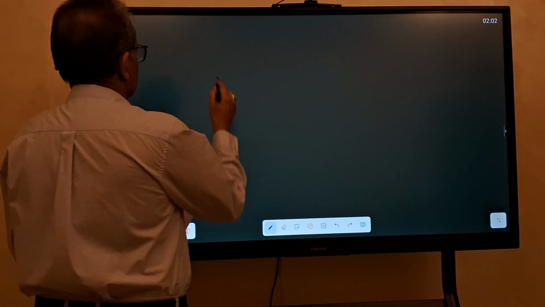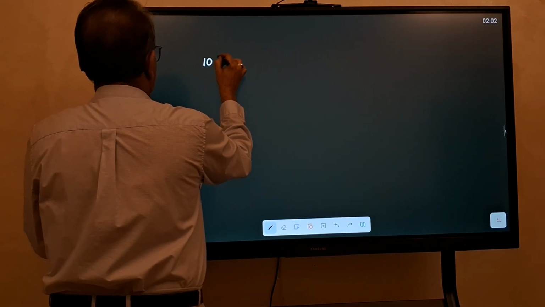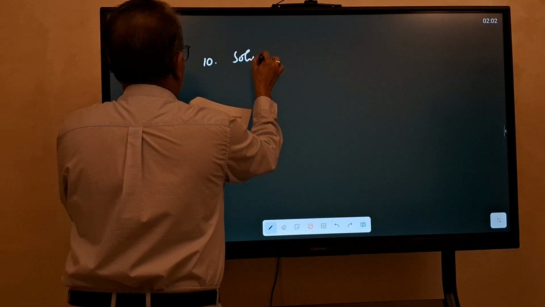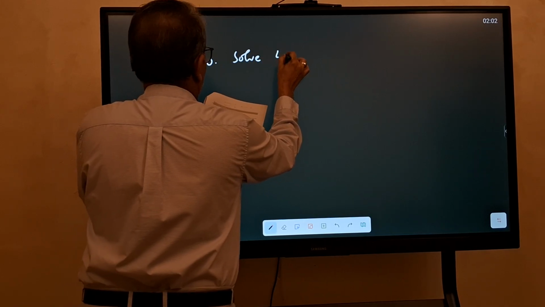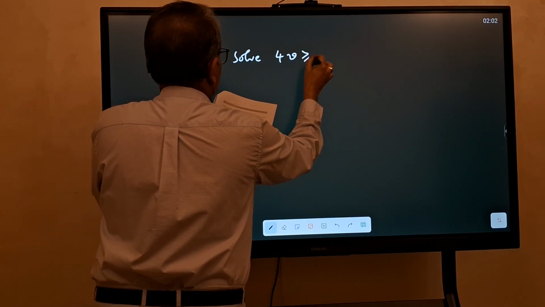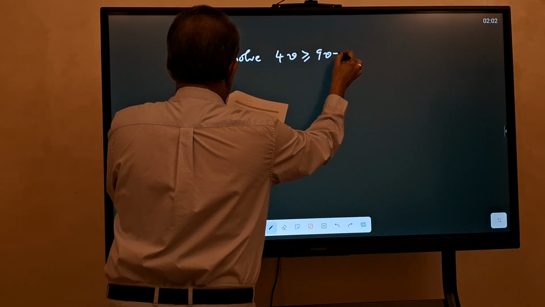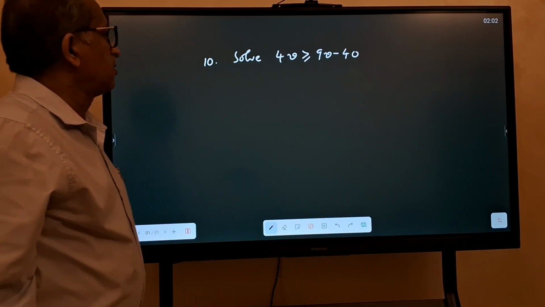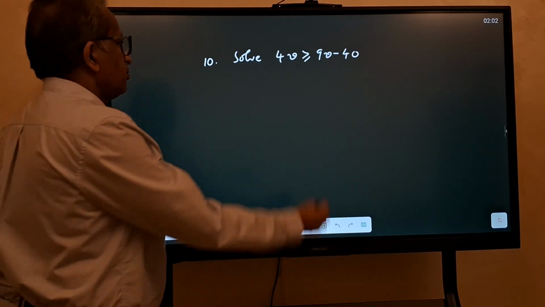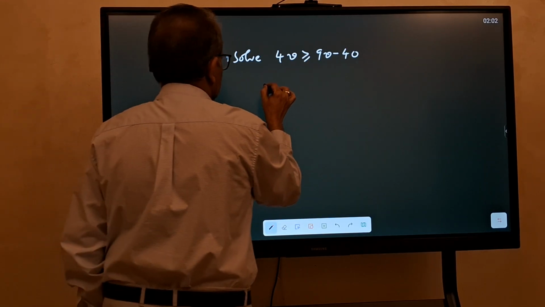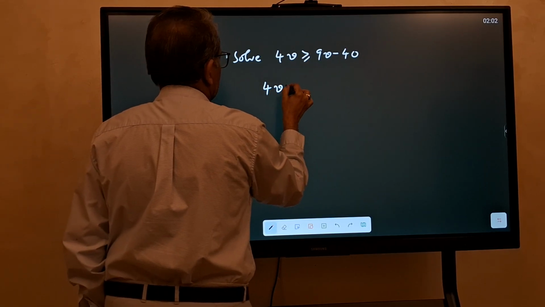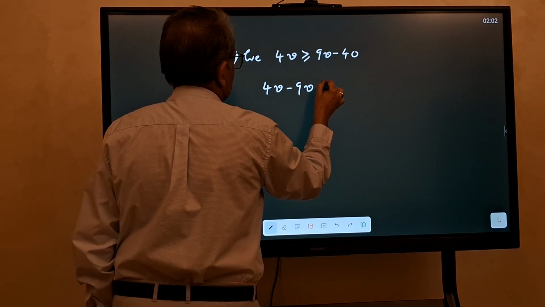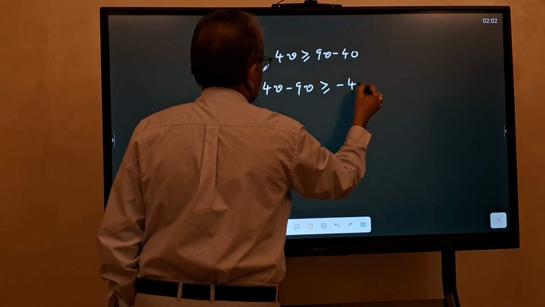Going to question number 10. Again, solving. Solve 4v greater than or equal to 9v minus 40. So bringing v on the left, 4v minus 9v greater than or equal to minus 40.